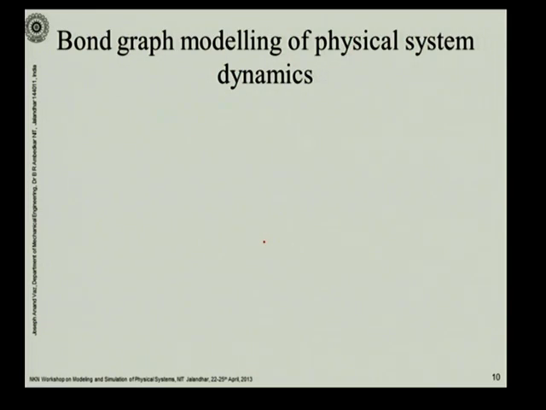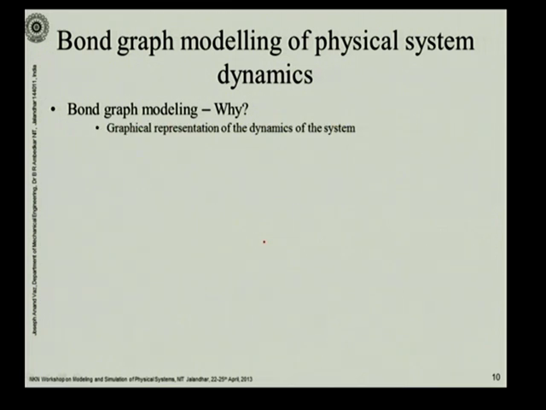So just summarizing, why are we going to understand bond graph modeling? First of all, we will have a graphical representation of the dynamics of the system, because it's going to be easier to understand dynamics of the system in a graphical form. Secondly, this method is going to offer us insight into the physics of the system. We are not going to deviate from the physics of the system.